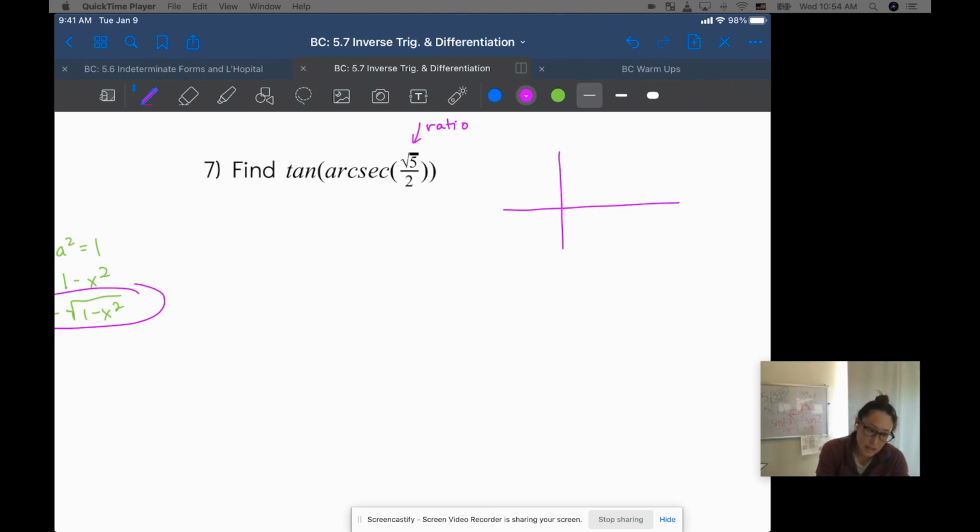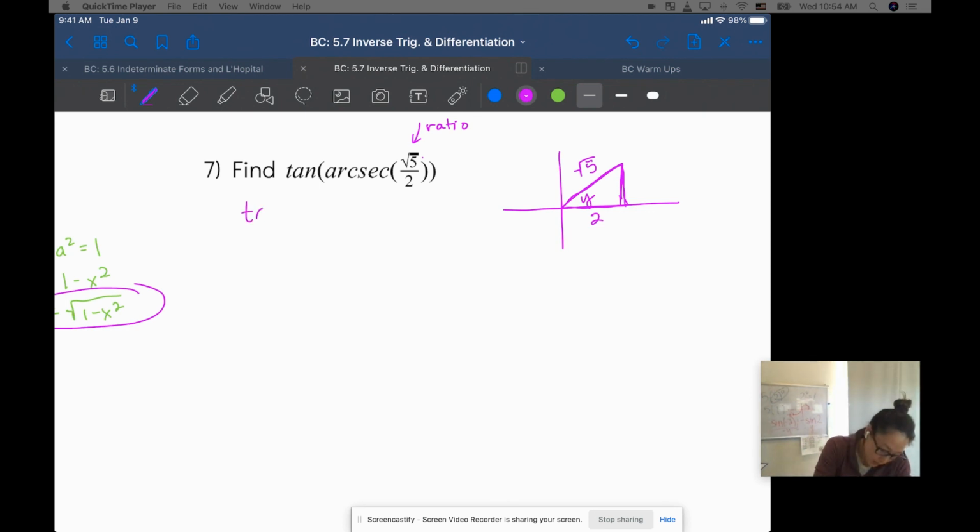So secant is the reciprocal of cosine. So the root 5 is my hypotenuse, and the 2 is my x value. Okay. So when I have this special triangle here, I end up with some angle that corresponds with those side lengths. So I'm just going to call it y.